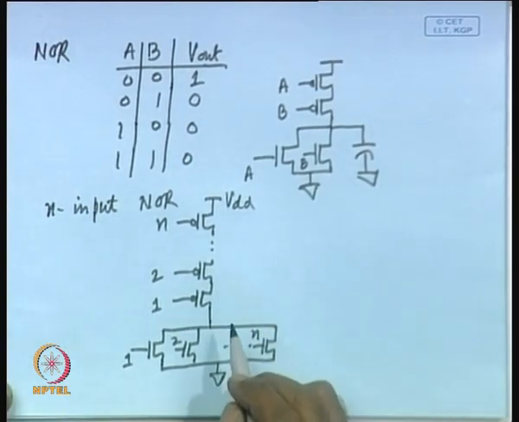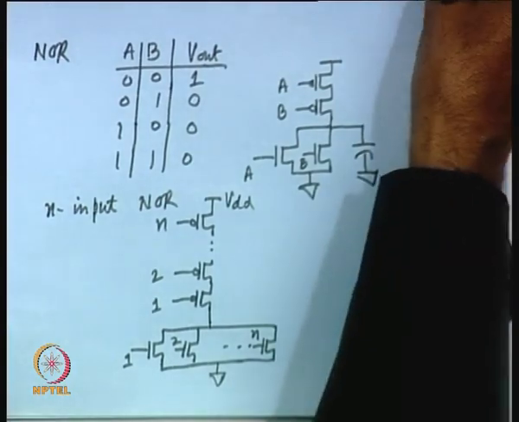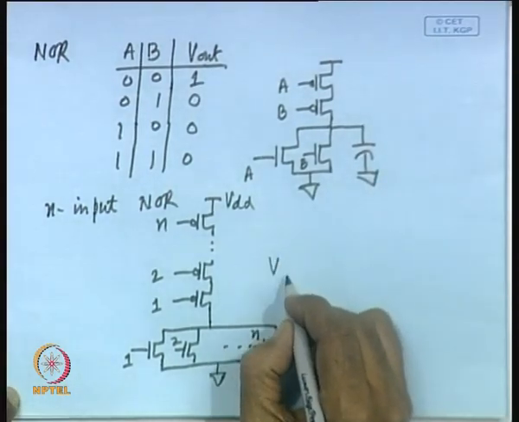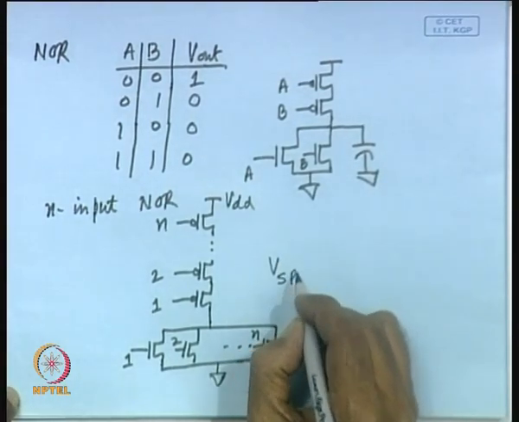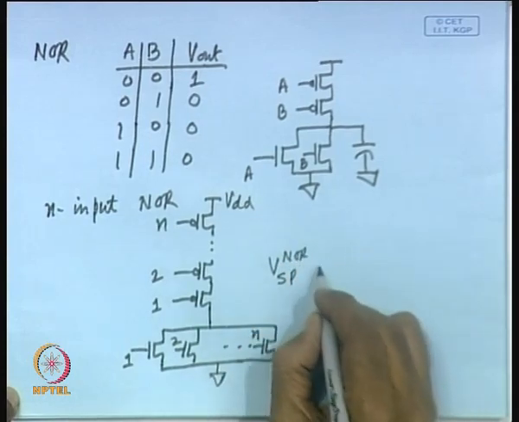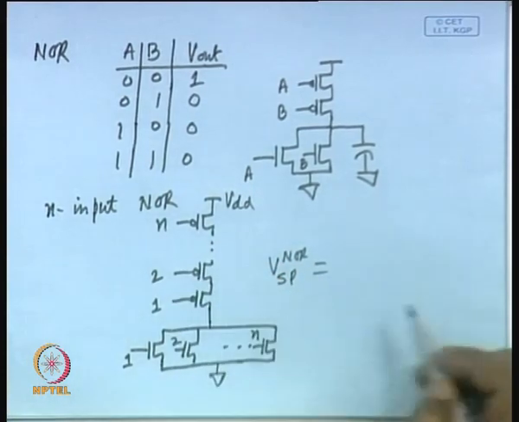Now, in this particular case, what is the value of the switching point VSP NOR for an n input NOR gate?